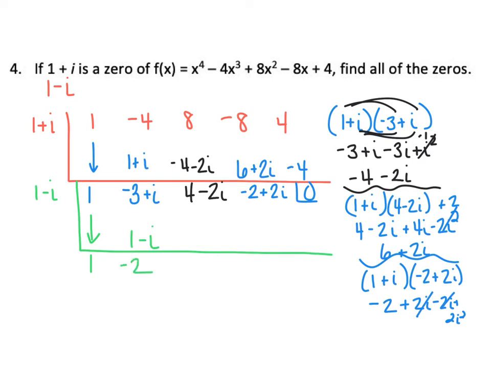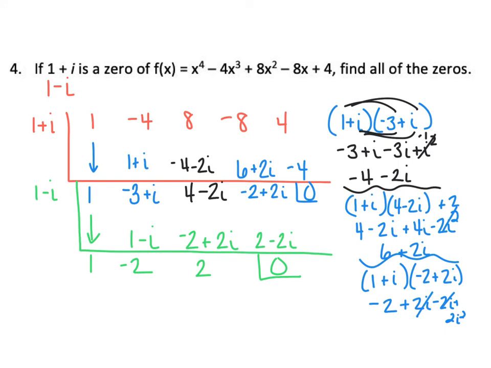All right, so now I distribute. That's going to be negative 2 plus 2i, which would produce positive 2. And multiply again. 2 times 1 minus i would be 2 minus 2i. Add, and I get 0, which is so much simpler than what we had to go through before.